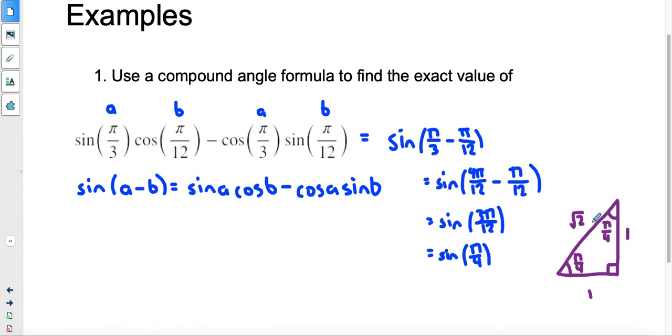And now we can see, remember, sine is opposite over hypotenuse. So that means sine of angle pi over 4 is equal to the opposite, 1, divided by the hypotenuse, square root of 2. And that's my final answer.